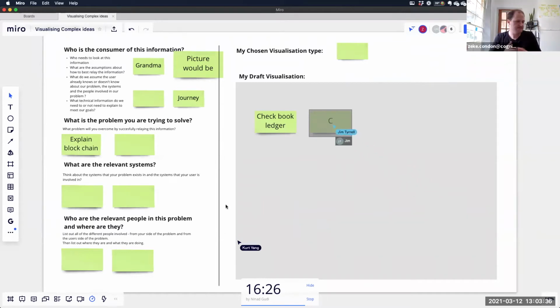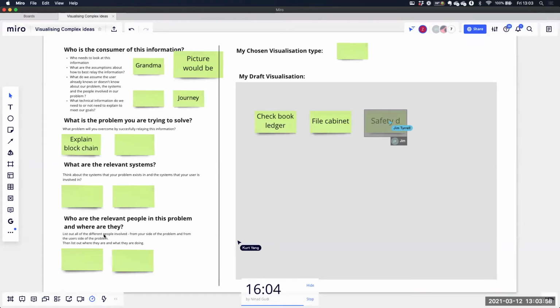So this is where I'll start to challenge you guys. So to be able to explain blockchain to grandma, does she need to know everything, or does she just need to know the concepts? What do we assume grandma's going to use this information for? Yeah, I can go.